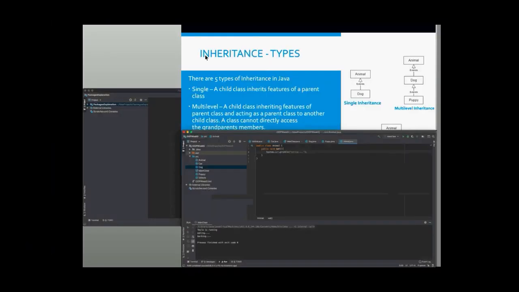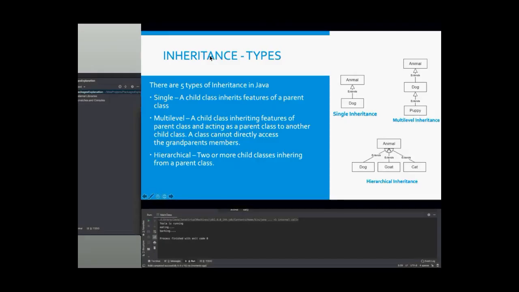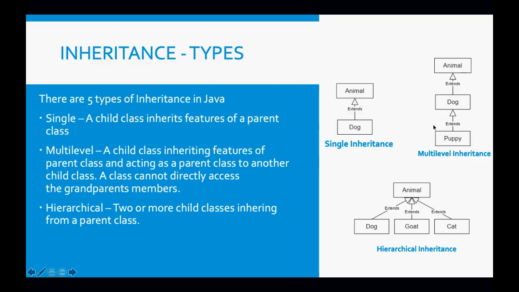The next type of inheritance is multi-level inheritance. This is three levels of inheritance. So I have a parent class and it has a child class, and that child class has another child class that is inheriting some of its properties.